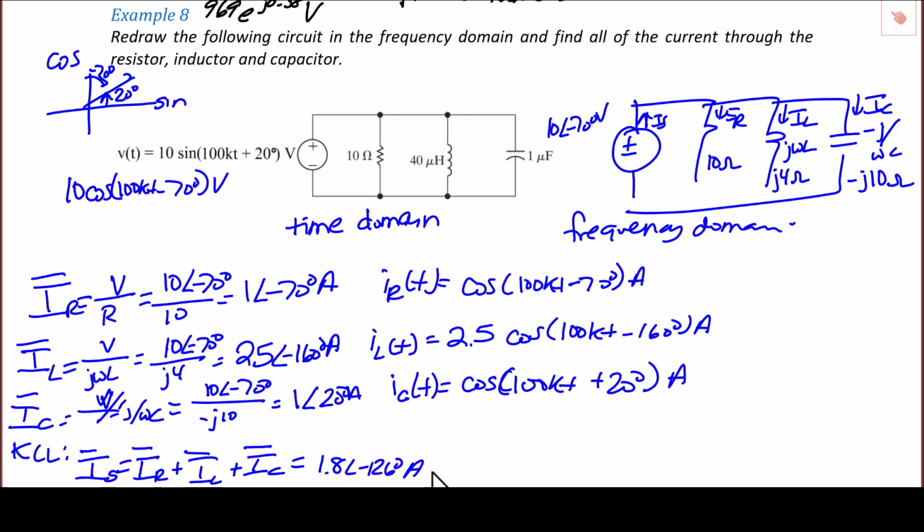And the result is 1.8 with an angle of negative 126 degrees, and the units are amps.